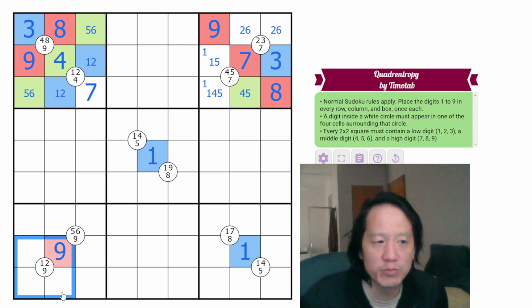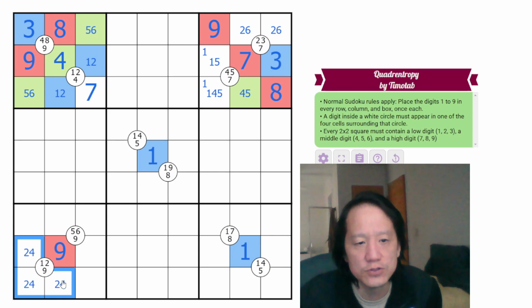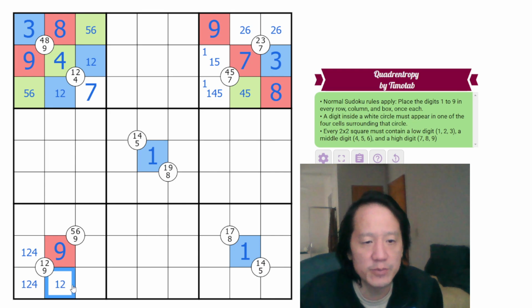So that means we must have in the last remaining 3 cells of this 2 by 2 area a middle. Well, 5 and 6 are already taken by these 3 cells. So this cannot be a middle 5, 6 in these 3 cells. What's the last middle digit available? It's a 4. So therefore, this is a 1, a 2, and a 4. And this cannot be 4. Therefore, this must be a low number.